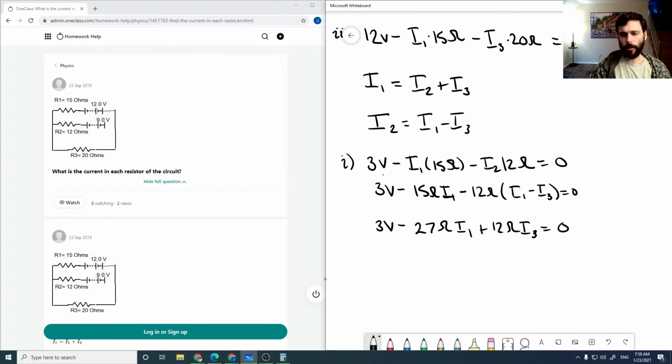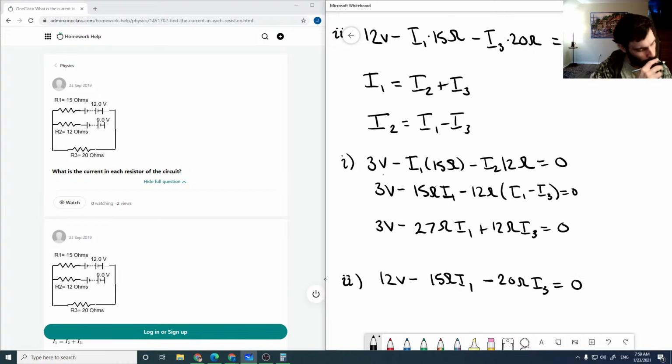And now my second equation is 12 volts minus 15 I1 minus 20 I3 equals 0. And I'm going to go ahead and actually multiply this whole thing by 5/3, actually by minus 5/3.